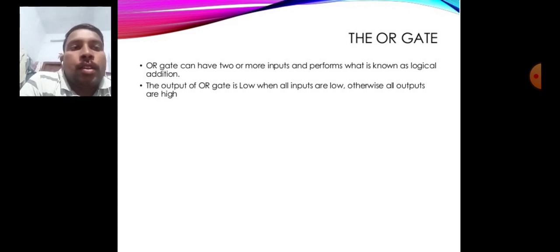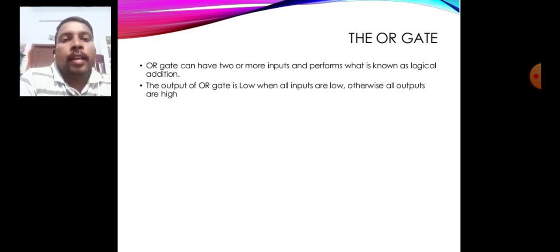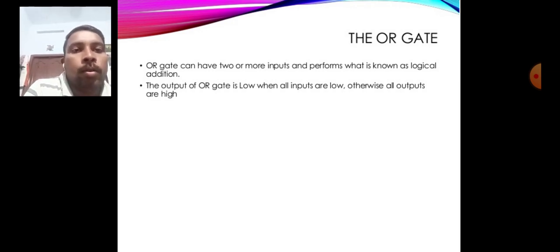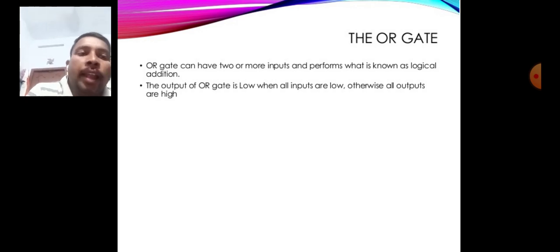So the output of an OR gate is low when all inputs are low, otherwise the output is high.